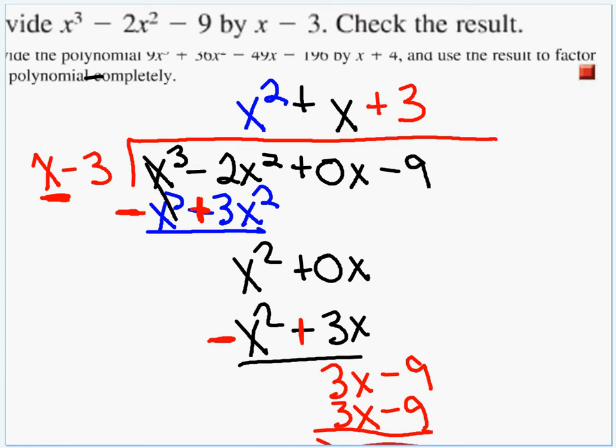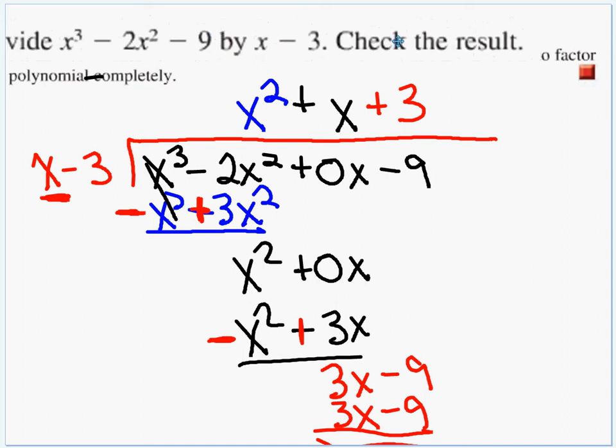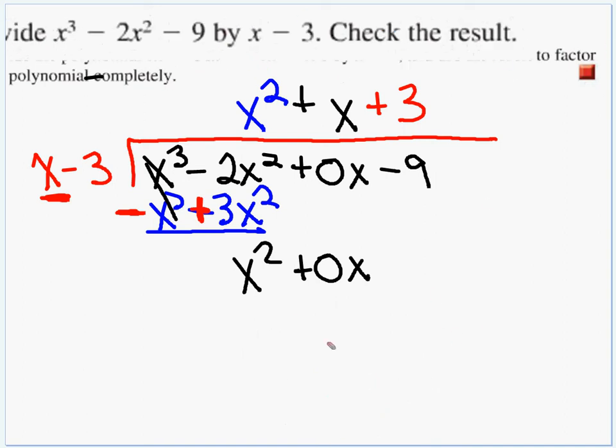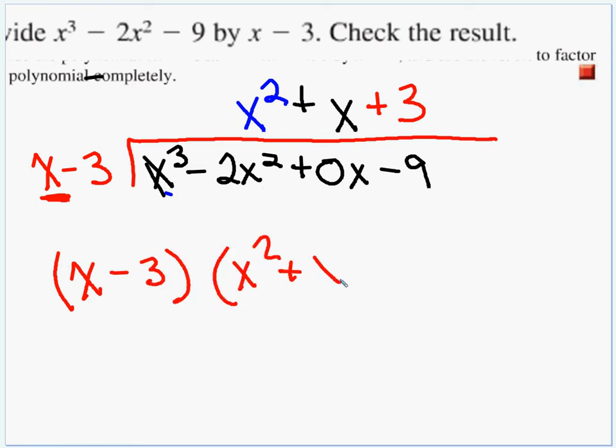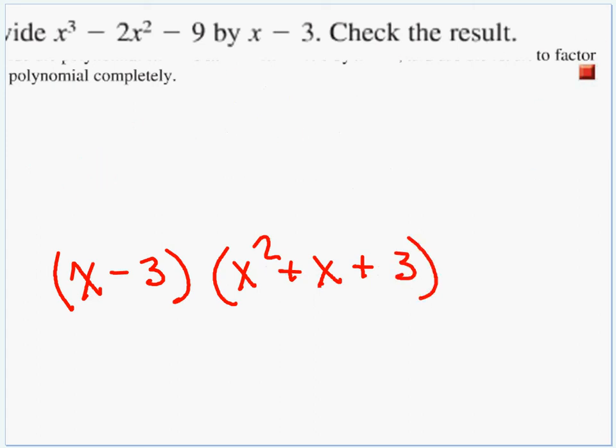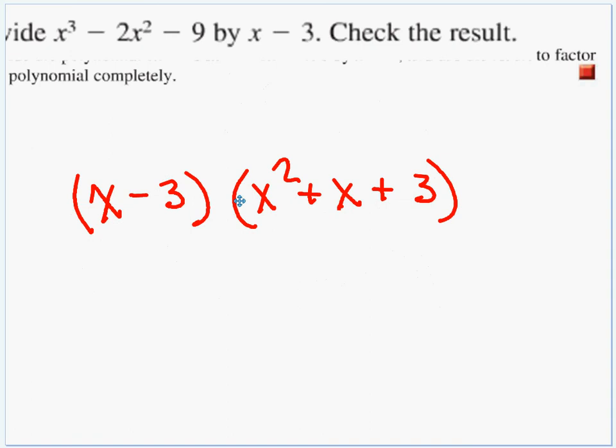Okay, I was expecting a remainder, but it does say check the result. So what we want to do is FOIL this back out and make sure we get back to the original problem. So we've got x minus 3, and we're going to multiply that by x squared plus x plus 3. And let me move this up a little.